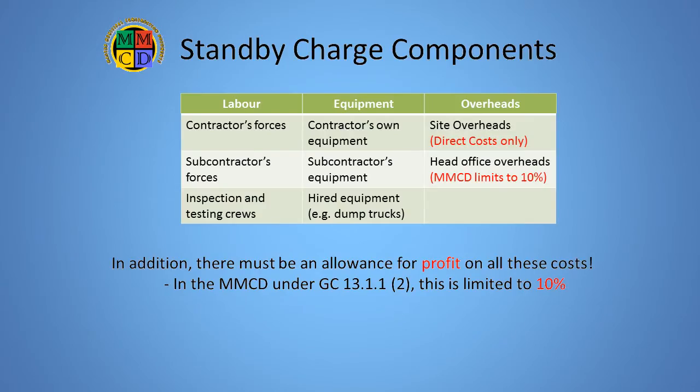A standby charge can have one or more components. The chart on this slide shows the basics: labor, equipment, and overheads. The most simple component is labor. When a job is delayed, there will almost always be some labor that became idle, even if only for a short time.